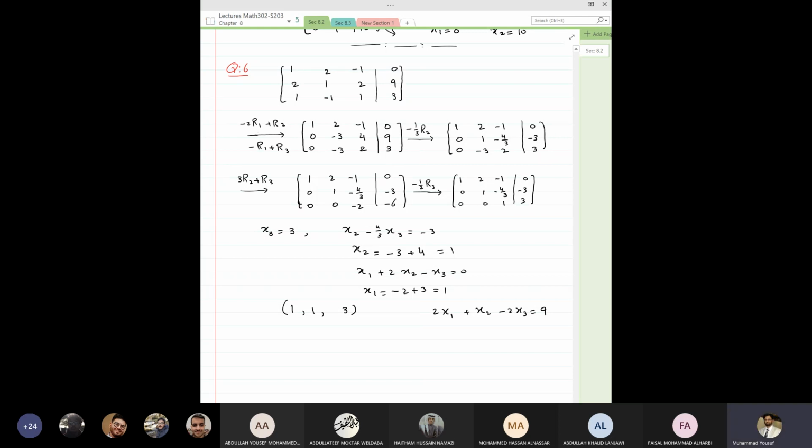No. I think x1 should be 2. Plus 2x3, not minus 2x3. We have done a calculation mistake. Yeah, it's plus. Here is my mistake. 2 times 3 is a 6. Plus 1, 7 plus 2, 9.